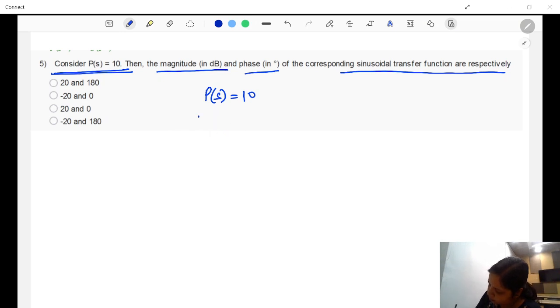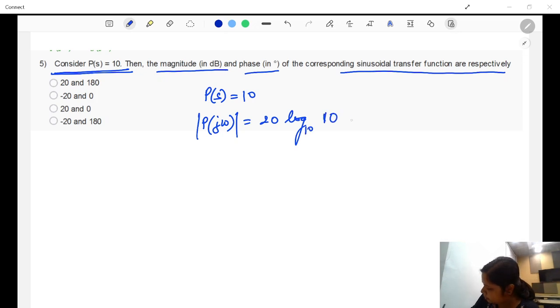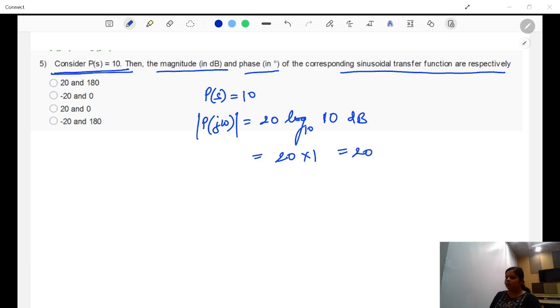P of j omega is 20 log 10 of P, which is 20 log 10 of 10. So it is 20, because this is 1. So my magnitude in dB is 20 dB.